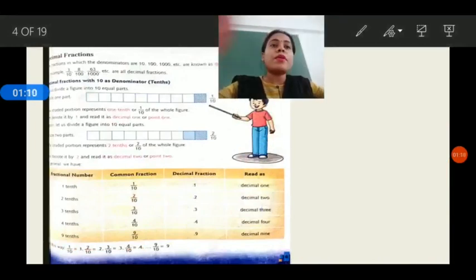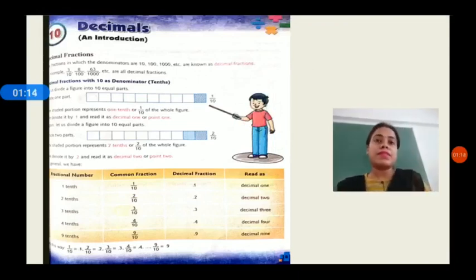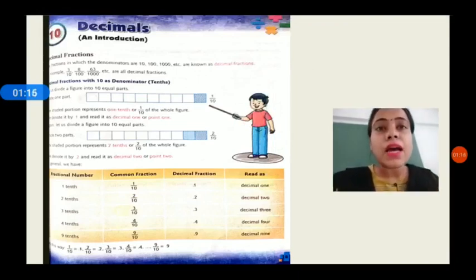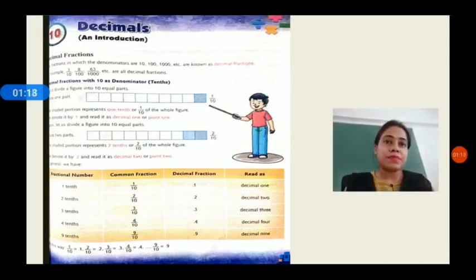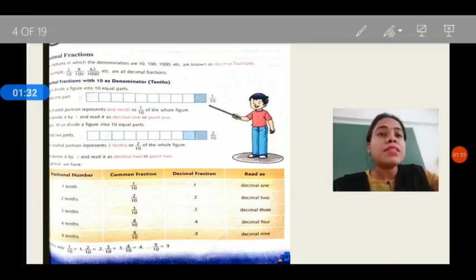Now you can open your book, unit 10, decimals, and the introduction is decimal fractions. The fractions in which the denominators are 10, 100, 1000, 10,000, lakh, 10 lakh, etc. are known as decimal fractions. Like here you can see the example 3 by 10.